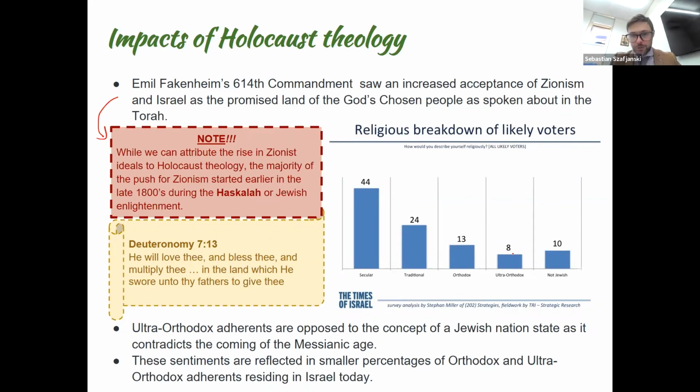And you see that Orthodox and ultra-Orthodox are actually the smallest demography in Judaism in Israel, and it was mainly secular and traditional, but Reform and Conservative Jewish variants are more present in Israel. These sentiments are reflected, as I said, by the smaller percentages of Orthodox and ultra-Orthodox adherents residing in Israel today.